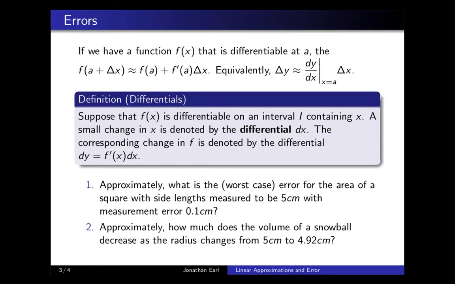Okay, so then we can talk about what are called differentials. The idea with a differential is that you have a function f of x, and what you want to see is, at a particular point, if you vary the input slightly, how much are you going to change the output? What we're doing with this is getting the approximating line.